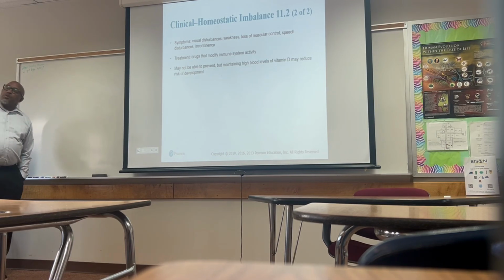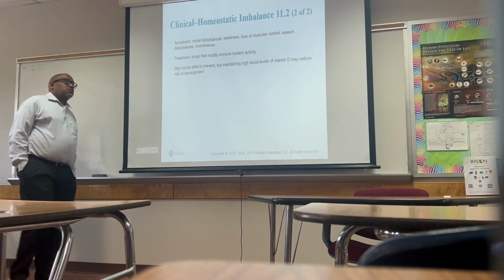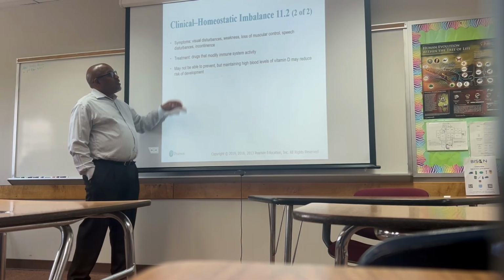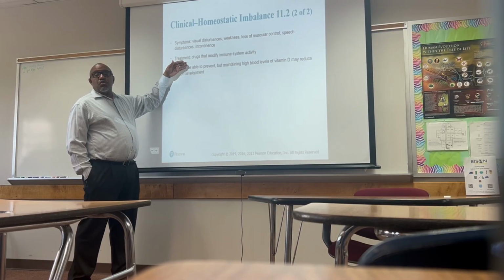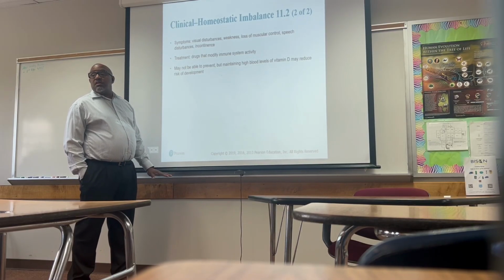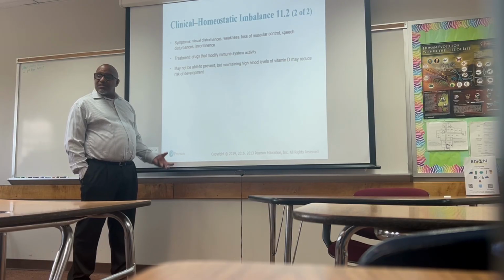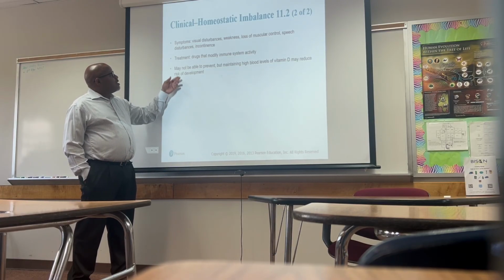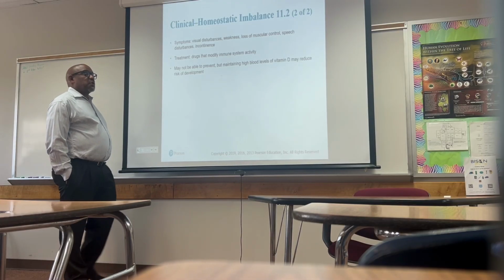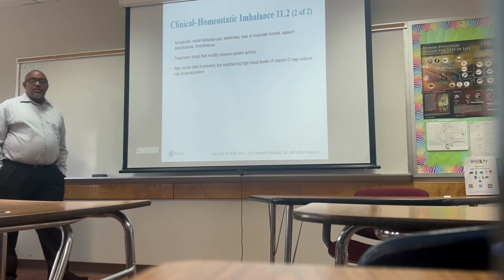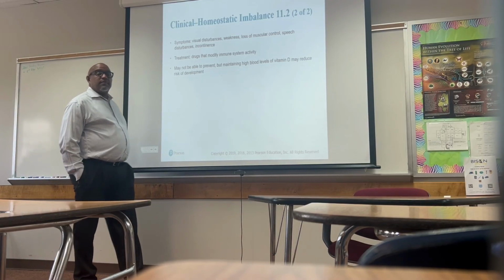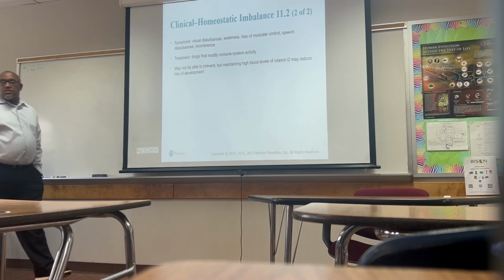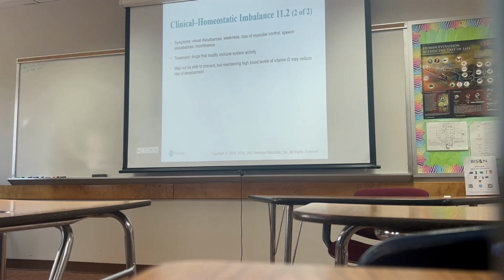Now, with multiple sclerosis, what happens is there's visual disturbances, weakness, loss of muscular control, speech disturbances, incontinence. Treatments, there are drugs that reduce the immune system to stop the immune system from destroying the nervous system so much. You can't prevent multiple sclerosis, but you can have some treatments. For instance, high blood levels of vitamin D play a role in reducing the development and decreasing the risk.